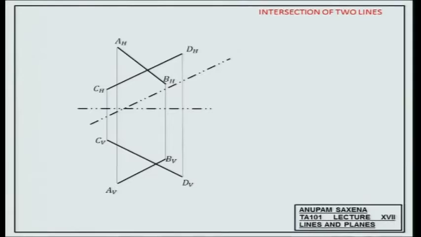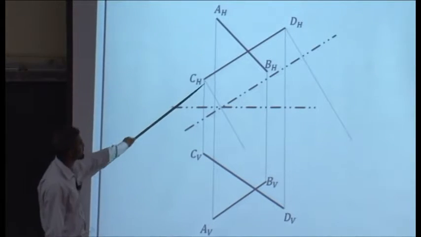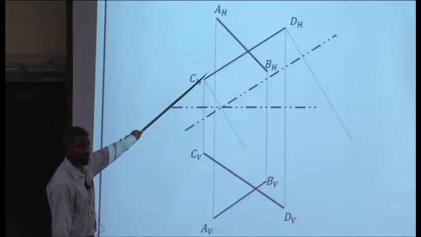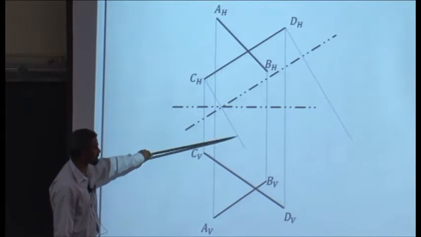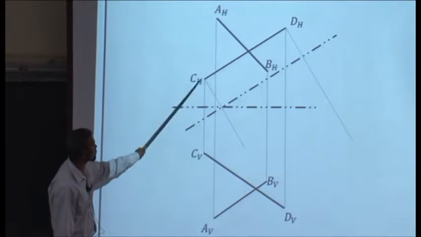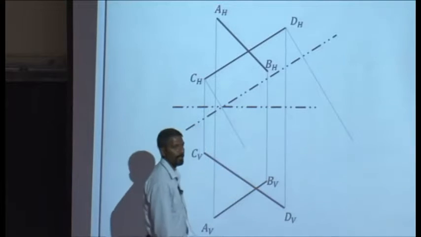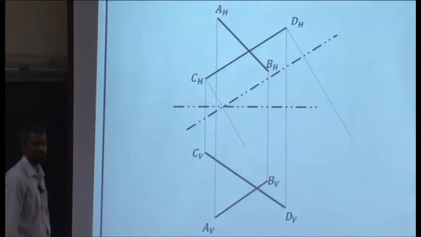I'm just focusing on CD. Draw my projectors perpendicular to this hinge line. Okay? This view is common, so I measure distances from here, transferred over here. Okay? Now this is the projection where C would lie, and this is the projection where D would lie. Which distance am I going to be taking?